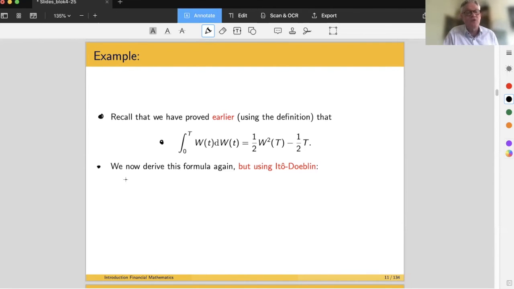And that goes as follows. We should look for a function f, and with this function f, we should look at its derivatives, and by this we should be able to find this expression.